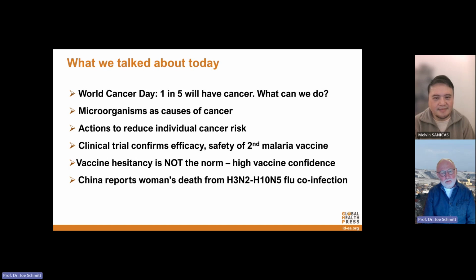We and Melvin commented on a clinical trial to confirm the efficacy of a second cheap malaria vaccine, which is 70% effective. And then we spoke about vaccine hesitancy, and maybe at least for parental thinking, for parental acceptance, we should use the term vaccine confidence, as most parents are confident to get their children vaccinated with routine childhood vaccines.